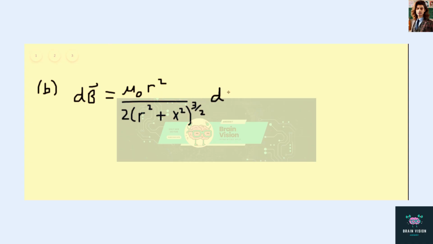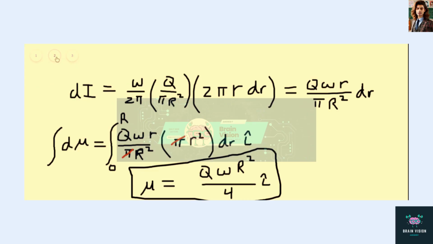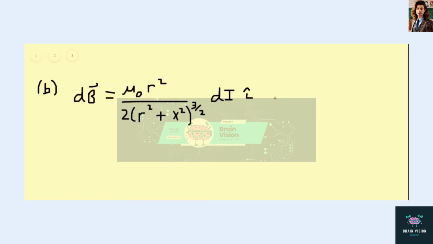And then this gets integrated with respect to di. And of course, the direction we're going is in the i hat direction. So again, x here is the distance of the point from the center of the disk. And we can substitute for di the q omega r dr over pi R squared that we had previously found, right? So if we go all the way back to di, we found, I'll underline this here in green, we found this expression for di. So let's go ahead and plug that in for di here.